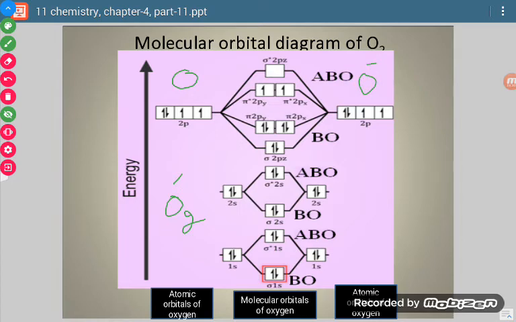Here it will be same, but here you have to increase one electron. So this is to be remembered. This is applicable starting from hydrogen till the last molecule, which for your syllabus is neon. So till there you can do it. This is very important.